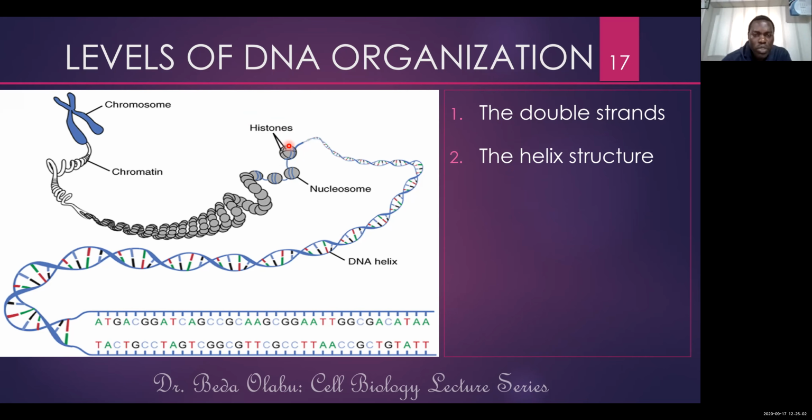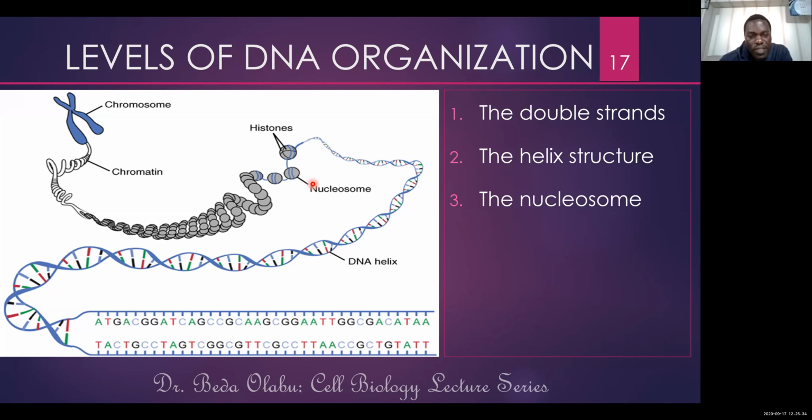A histone protein that is surrounded by the helix structure twice constitutes the third level of DNA organization, which we call the nucleosome. So the nucleosome is the third level of DNA organization: histone proteins surrounded by the helix structure twice.